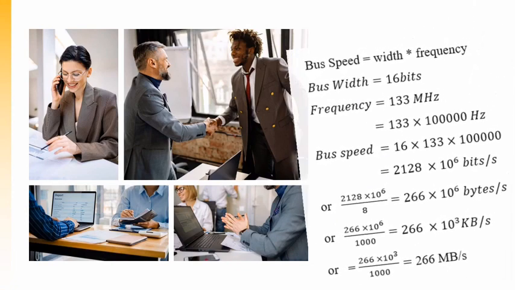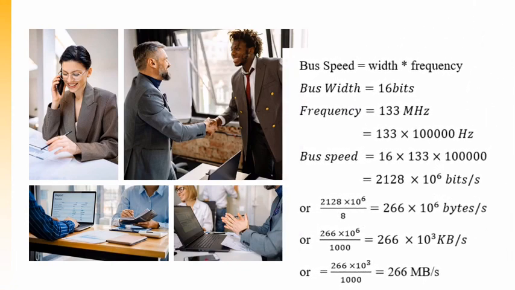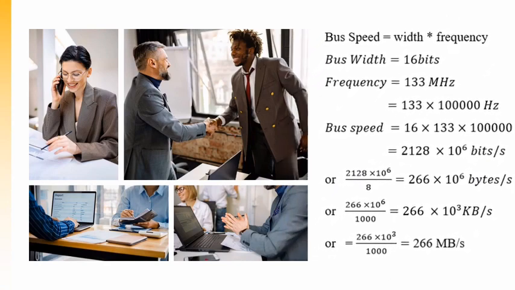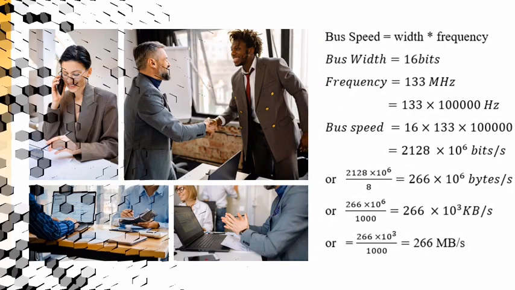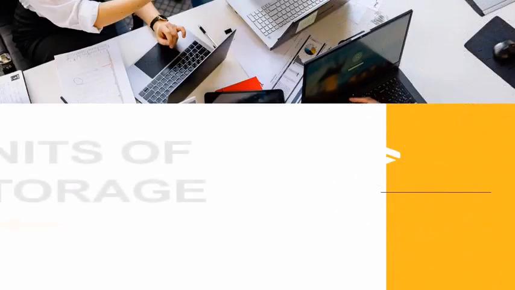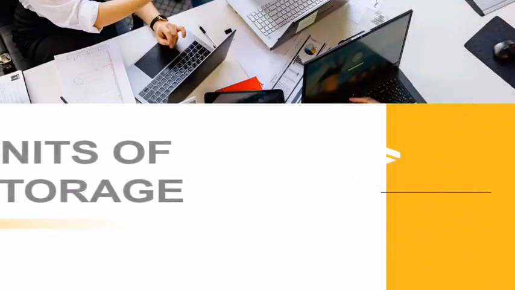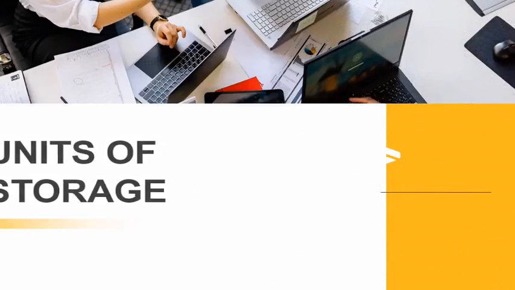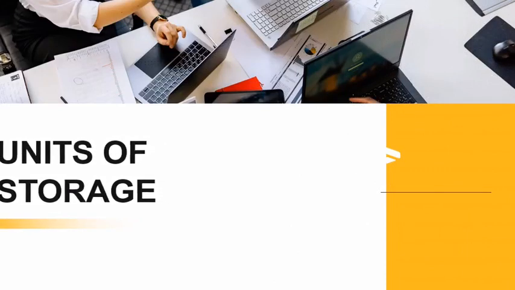And don't forget that data is actually stored in binary form within these storage devices, and is transported from the storage device to the CPU through what is called a bus. A bus has a bus width and a bus speed to regulate how data is being moved.